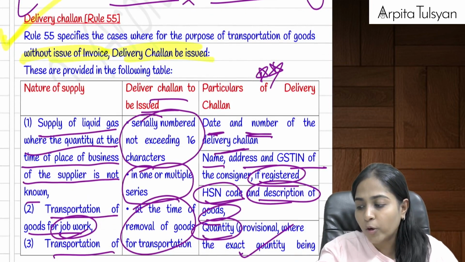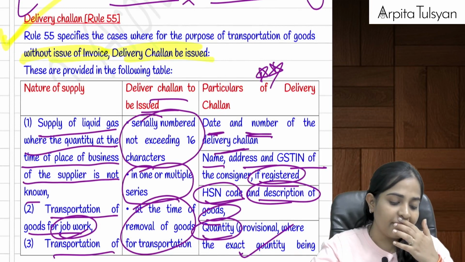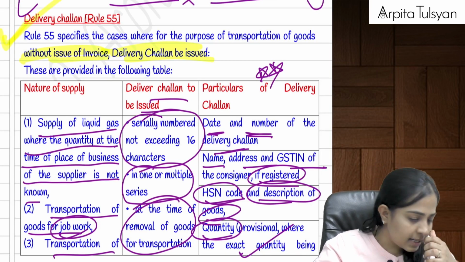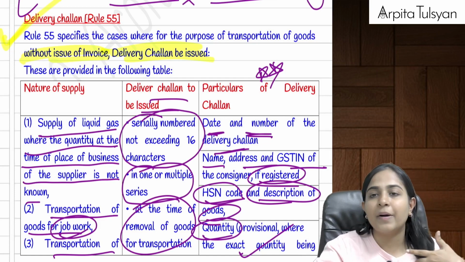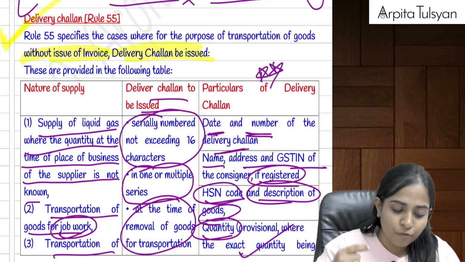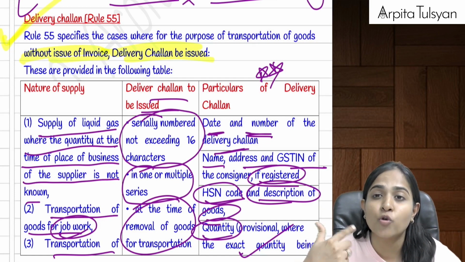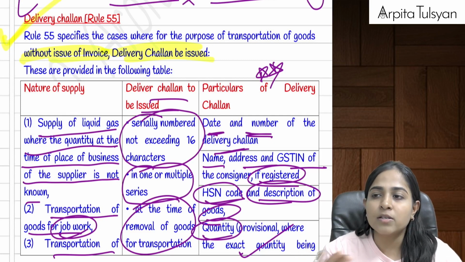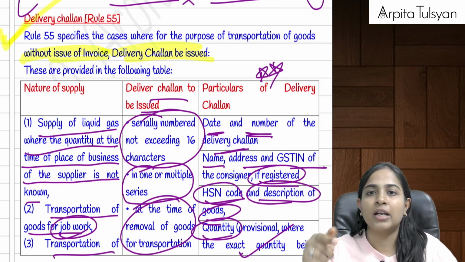Now a few more: something called a delivery challan. A delivery challan is a document which helps in transportation of goods from one place to another without issue of an invoice. Where an invoice is not available, you can still use the delivery challan for transportation of goods.